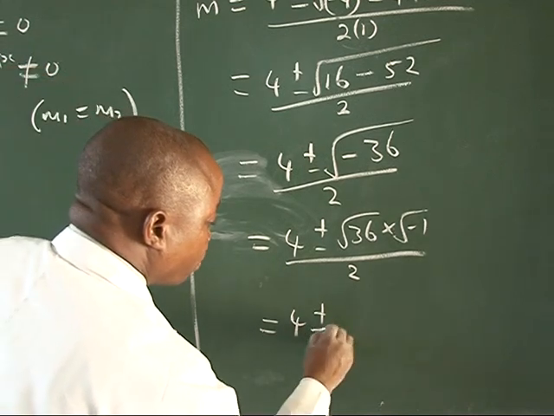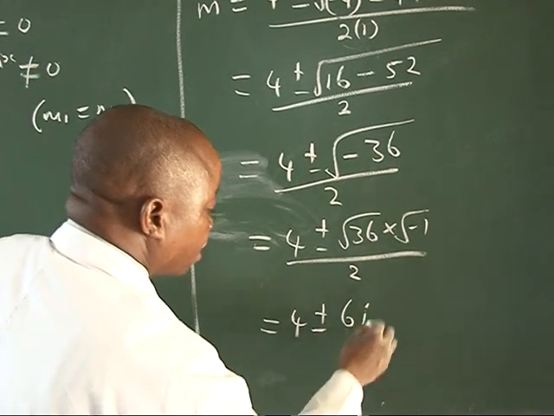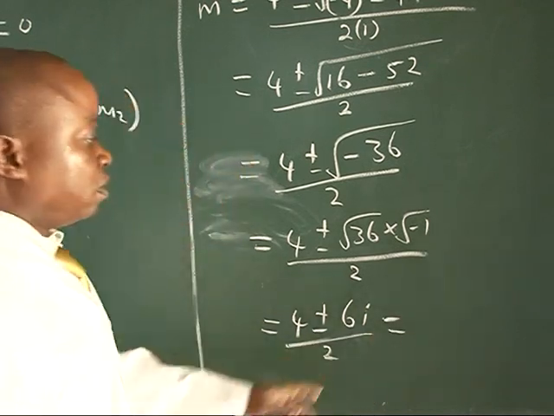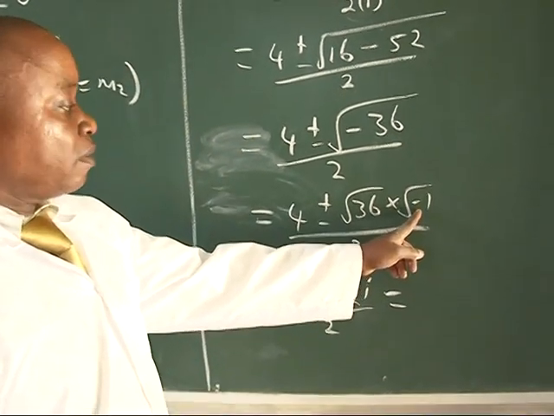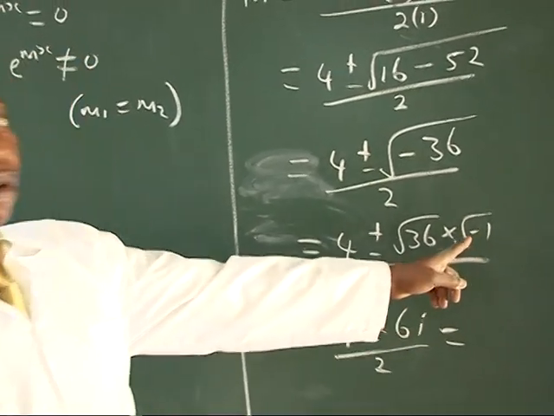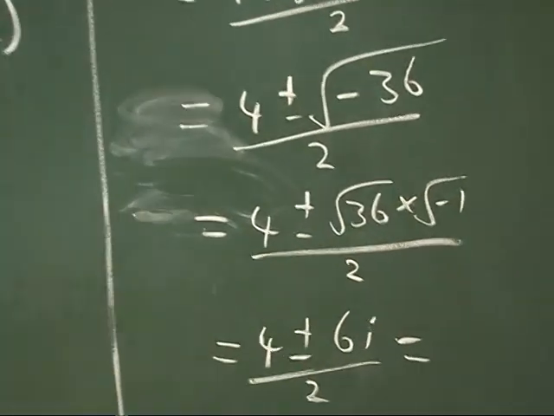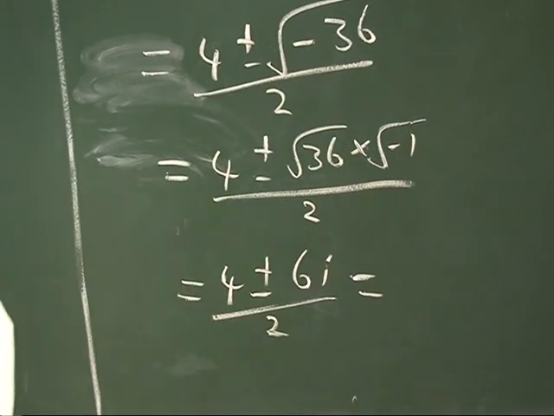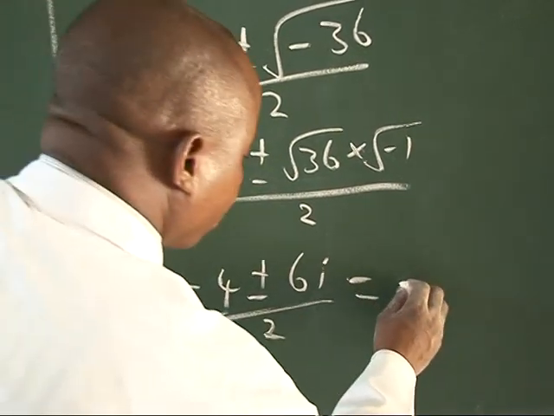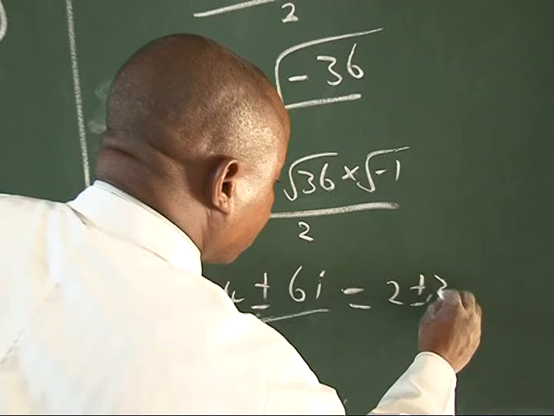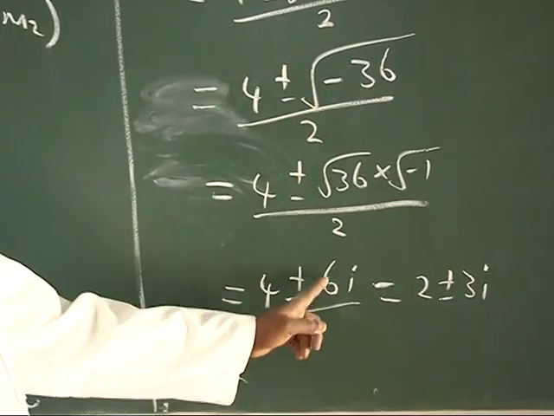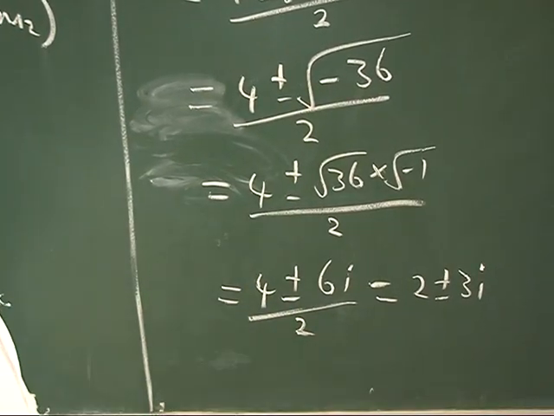So we have 4 plus or minus 6i all over 2. In complex numbers, square root of minus 1, we represent it by i. Now this will give us 2 plus or minus 3i. Look at that, because we divide each term by 2.